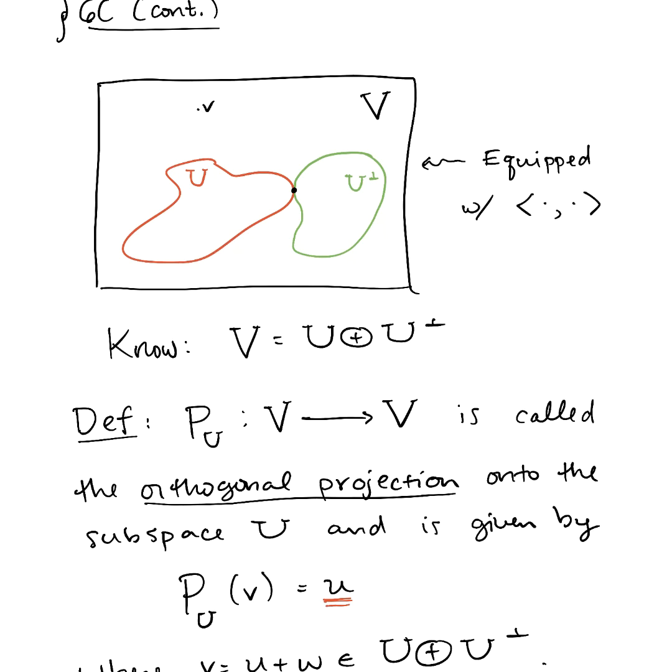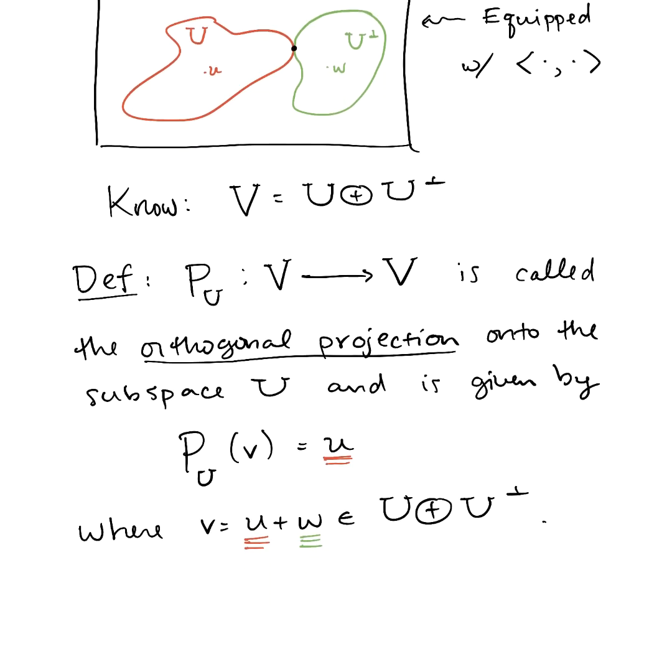You know for sure you can write it as something from red plus something from green. You know there's only one way to do it because that sum is a direct sum. And when you feed that vector, u plus w, into the projection, it just lops off the w part and keeps the u. And that's how orthogonal projection works.